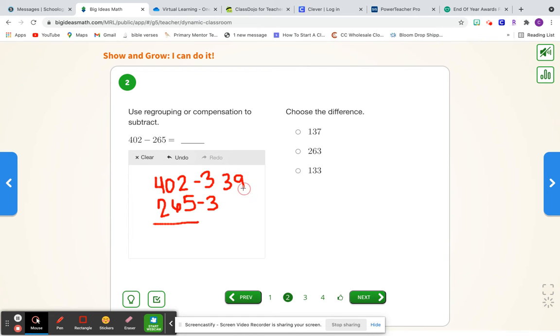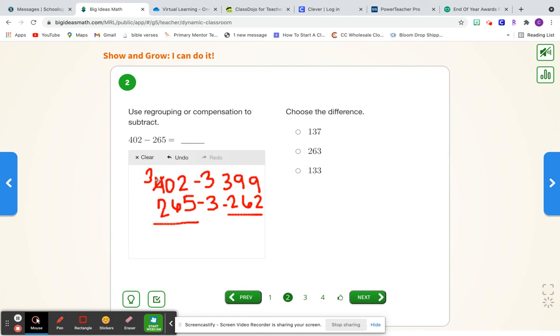So 402 minus 3 is 399. 265 minus 3 is 262. So let's do it with regrouping first and see if we get the same answer, just to check it.